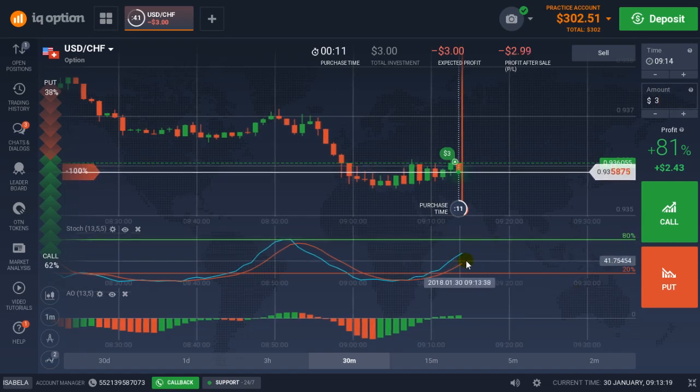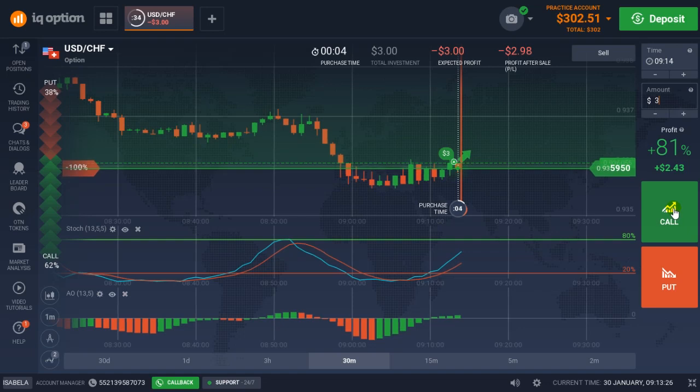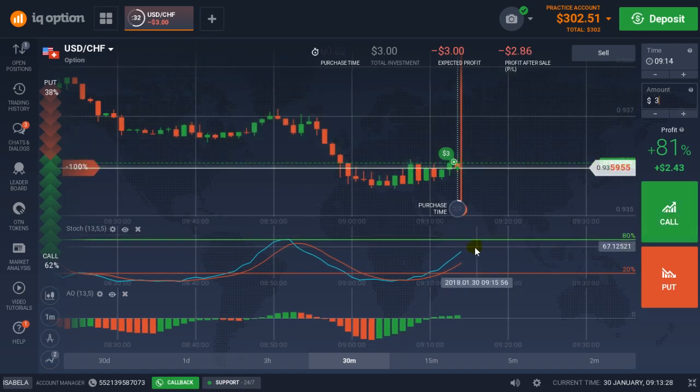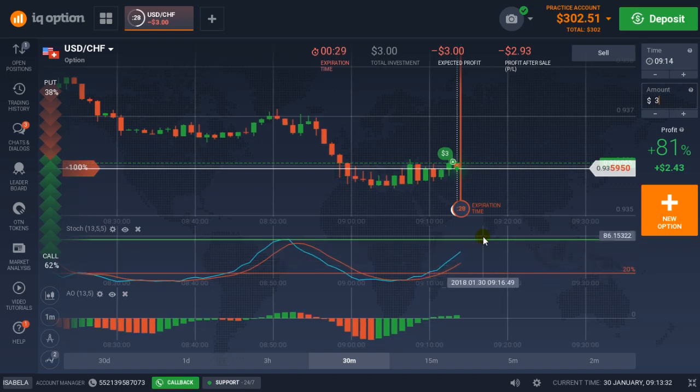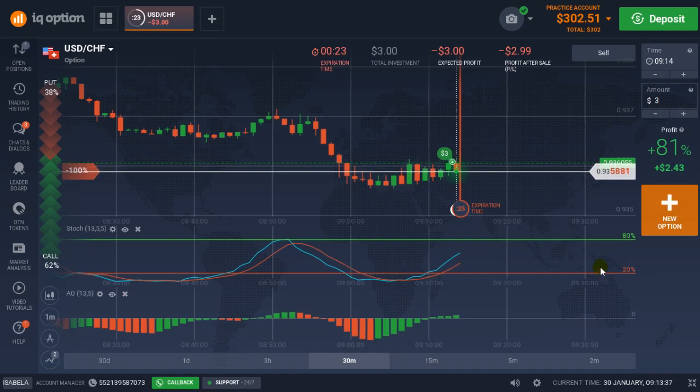As long as the rules stay the same, we keep making the same trades in the same direction. So as you can see, we still have a nice separation between the lines. The lines are shooting up, green bars on the awesome oscillator, so we're in a call trade.